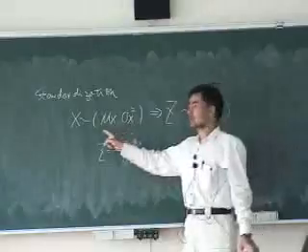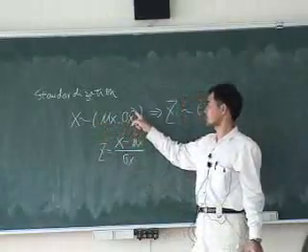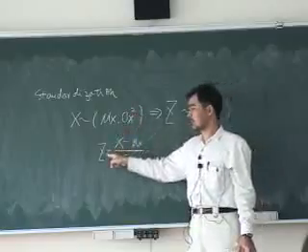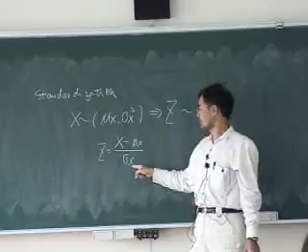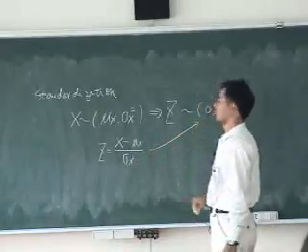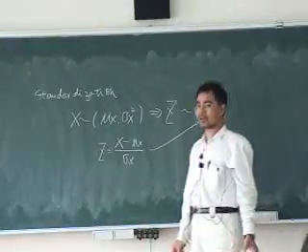So if the mean of X is equal to mu x and the variance is equal to sigma x squared, and Z is equal to (X minus mu x) over sigma x, then the mean will be equal to 0 and the variance will be equal to 1. Let us show why.